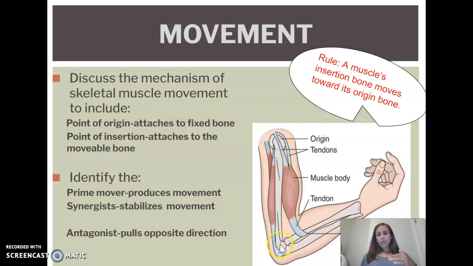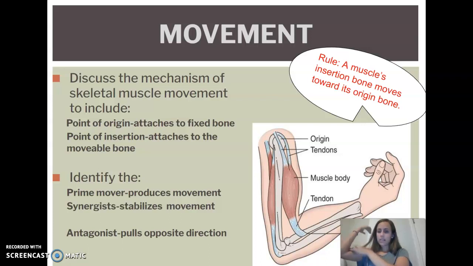So in this example, it's showing that the biceps brachii muscle originates up on the scapula, okay? And then it inserts on the radius here. So when we contract our bicep muscles, it pulls the insertion point, which is our radius, toward our scapula.